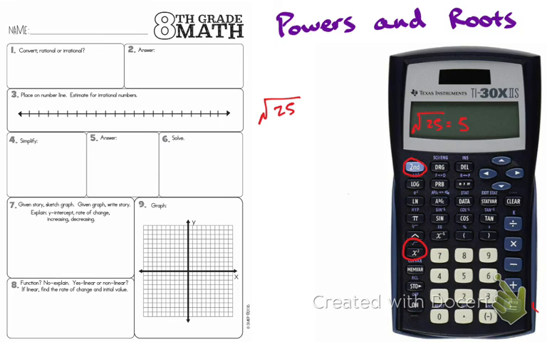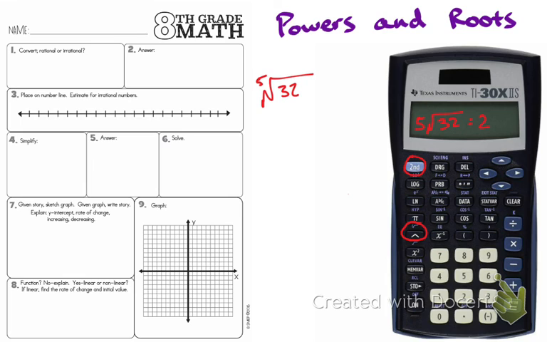Hopefully we can memorize the first 20 or so perfect squares, and we don't need to use that square root button too often. But we also might have things like the cube root, and you're going to notice that that button is actually in a different place. So this particular place is one button above.